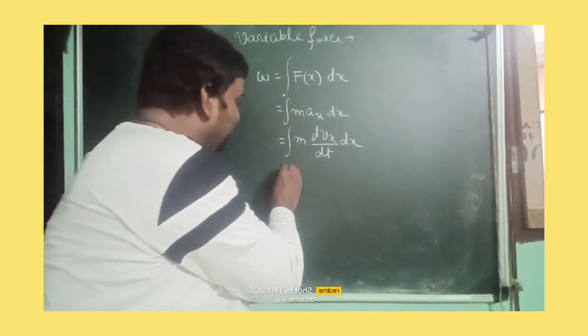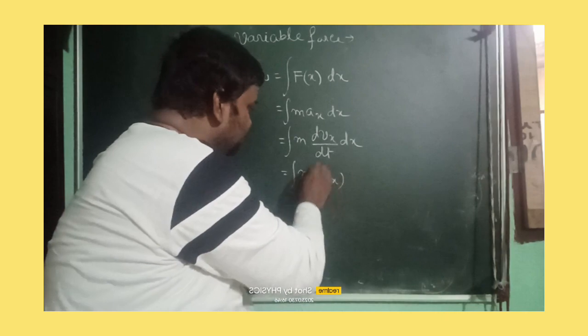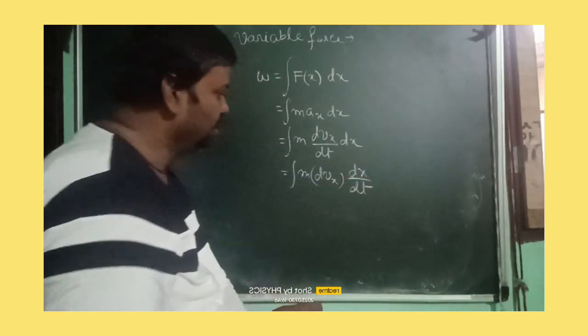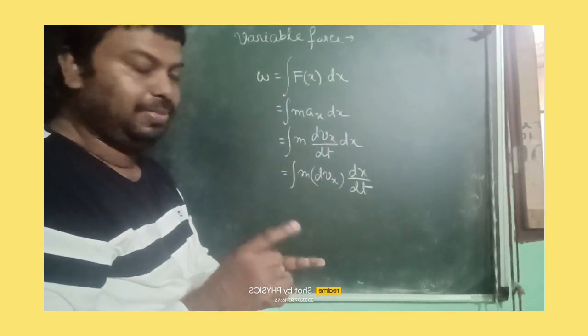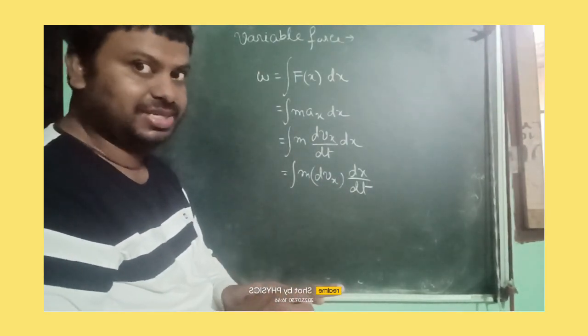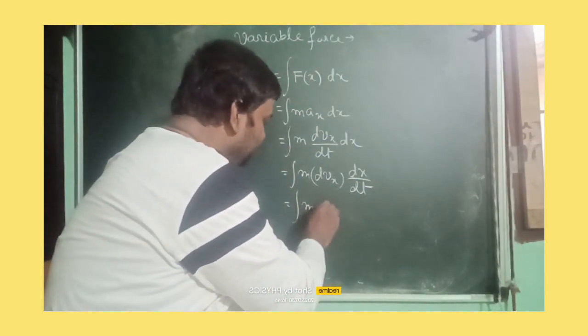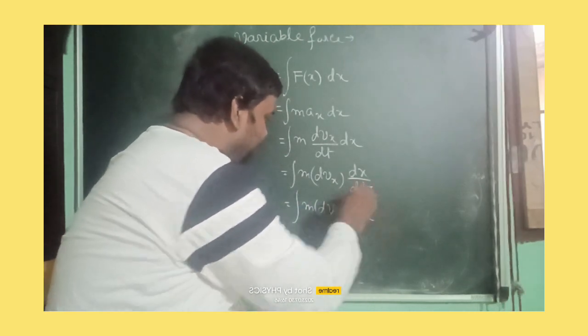Now that is equal to the integration of m dvx into dx by dt. So here dx by dt is vx, that is the velocity of the particle along the x-axis. So that is equal to the integration of m dvx into vx.